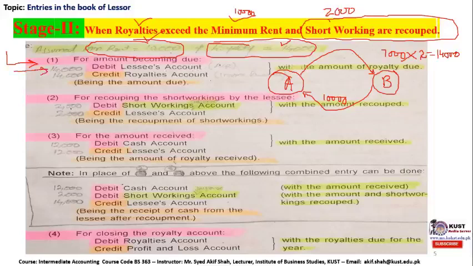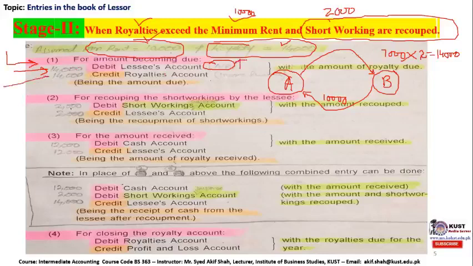This lessee account is an asset account, or accounts receivable in particular, which shall be collected later from the lessee against the royalty fee. When there is an increase in accounts receivable, it is recorded as a debit. So the same has been done.